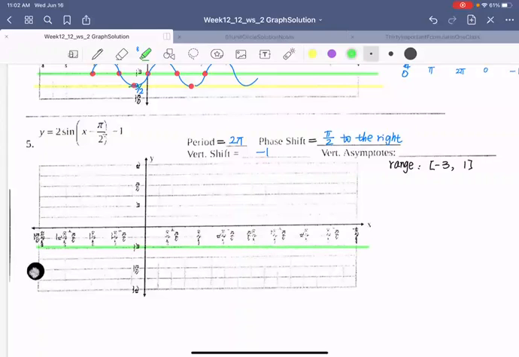The max is 1. Let me change this position. So this is the midline, -1, okay? And the maximum is 1. Okay. The minimum is -3. Good. Next.